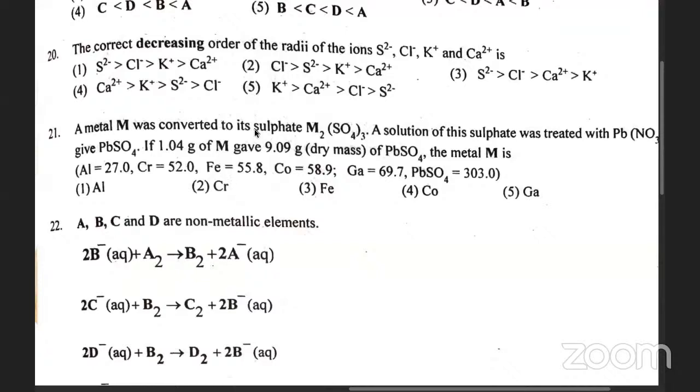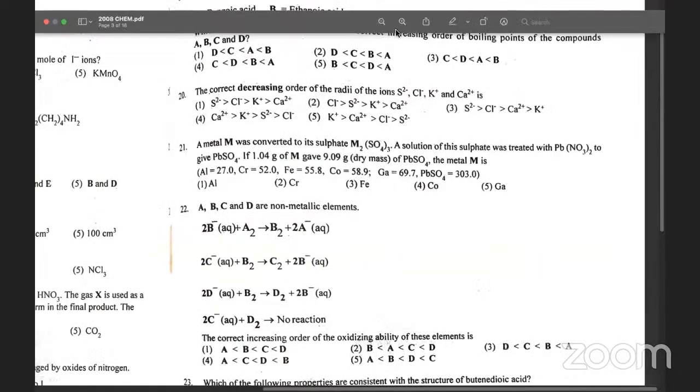Here it should be 9.09. Can you see? 9.09. That's the problem. So that 0.09 is incorrect. We'll have to make a quick change there. Anyways, the method is fine, but there's a printing error in the question, and that can happen. So please make that correction in the past paper book as well.